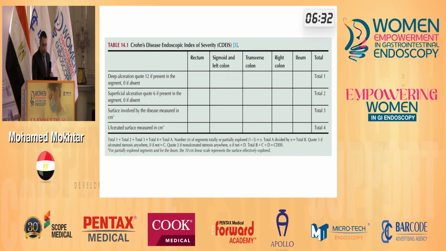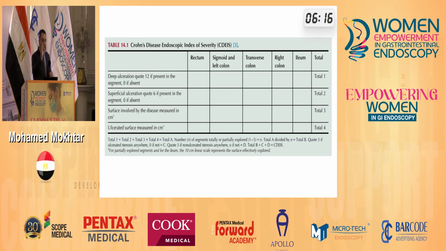First of all, we define the colon as 5 segments. We describe whether there is deep ulceration, which scores 12 points, and 0 if absent. Then superficial ulceration, the surface affected in centimeters, and the ulcerated surface.